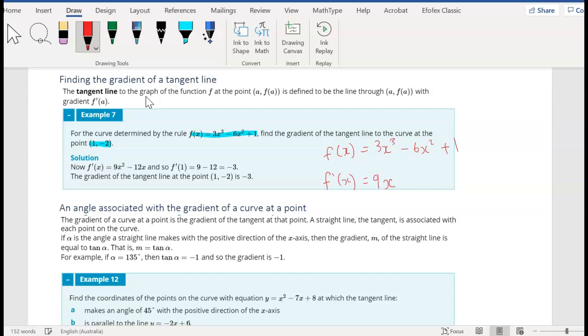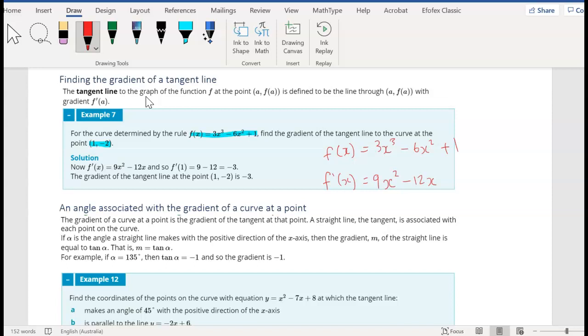And then we decrease our power by 1, so it becomes 9x squared. Then the minus 6x squared, the power is 2, so that multiplies the 6. So we've got 12x, and then we decrease the power from 2 to 1. We don't tend to write 1 there, so I'm not going to write that. And then we've got a constant term which just becomes 0. So our derivative function is 9x squared minus 12x.